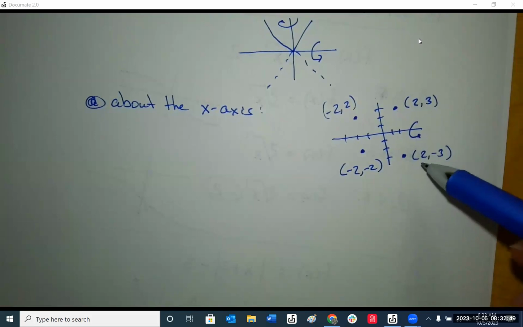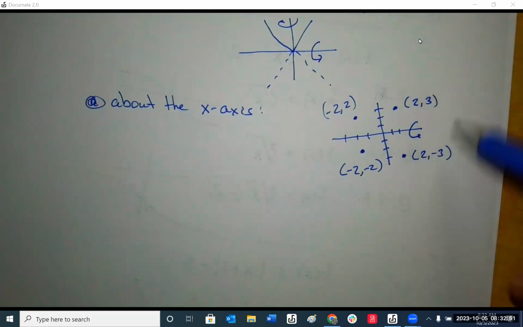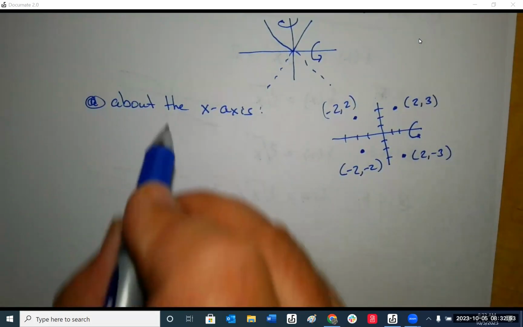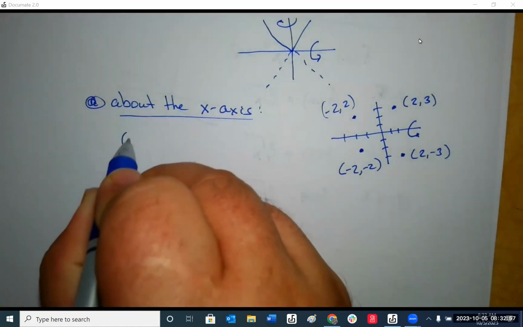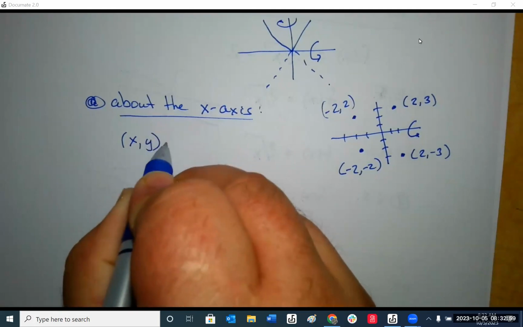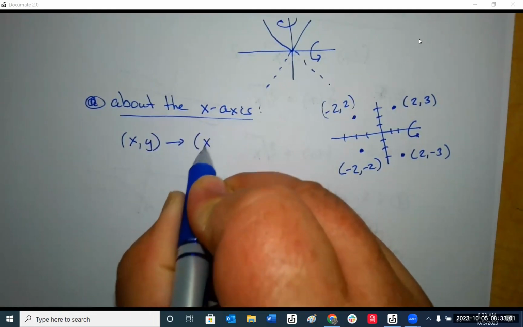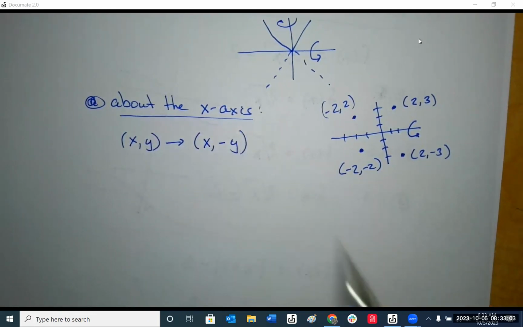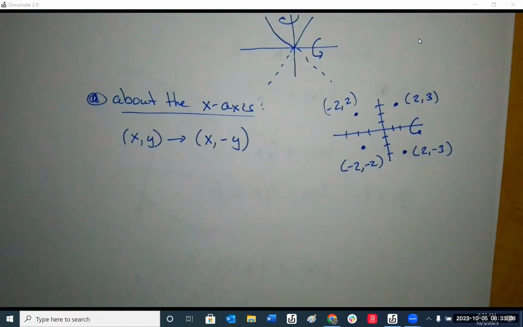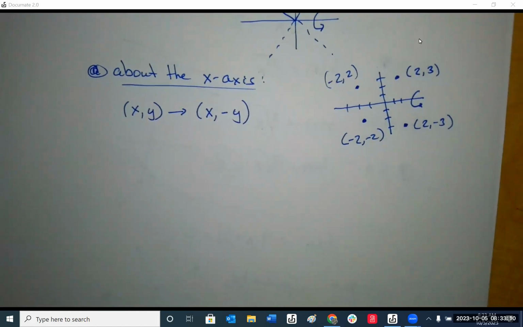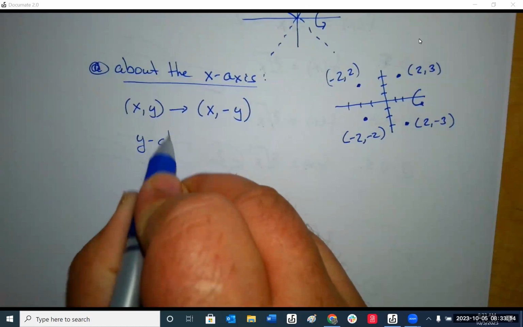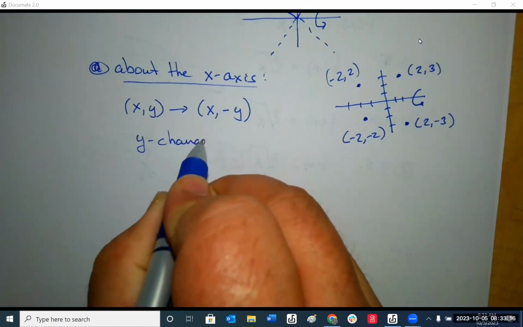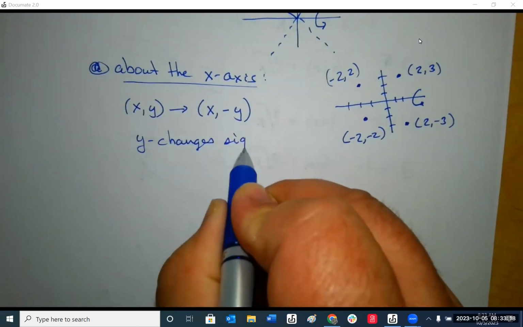Do the x's change signs? Do the y's? Yes. So when you flip across the x-axis, the only thing that changes is the sign of the y. Y changes sign.